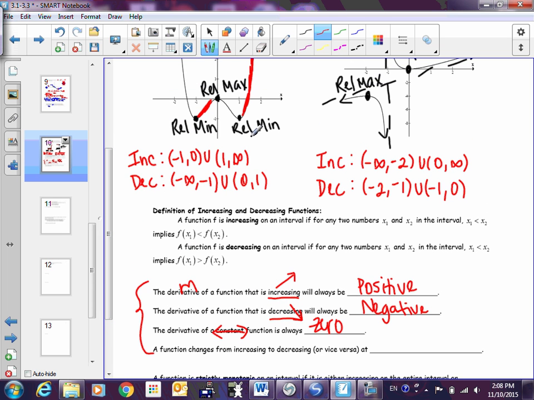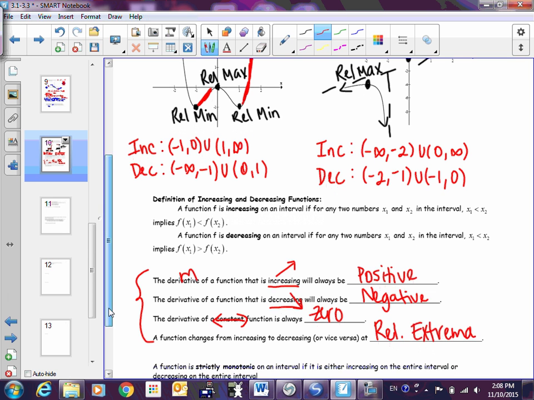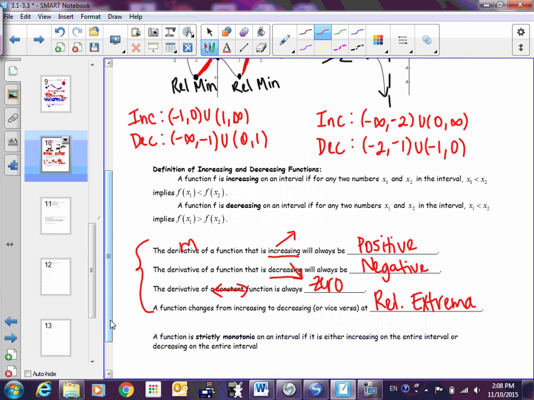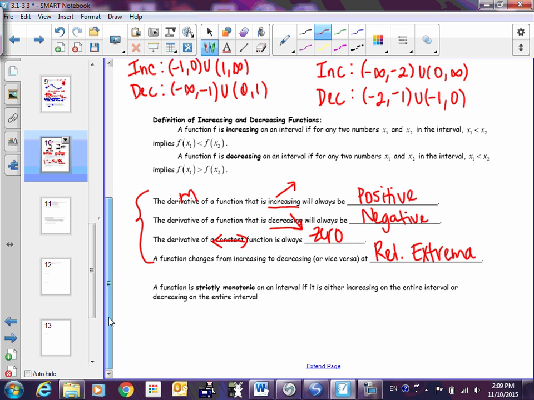Where did we see that it changed? Relative extrema. And so before, we were just saying things like possible relative extrema. Now with this new information, we can actually say for sure where a relative max or min happens.